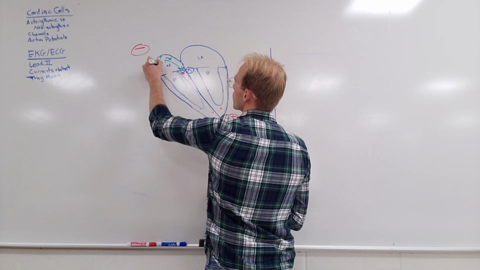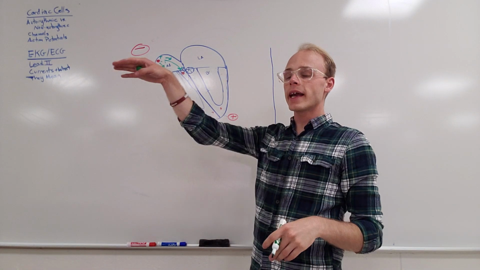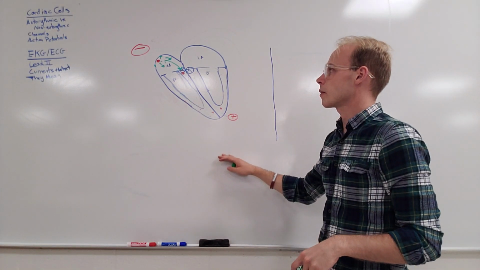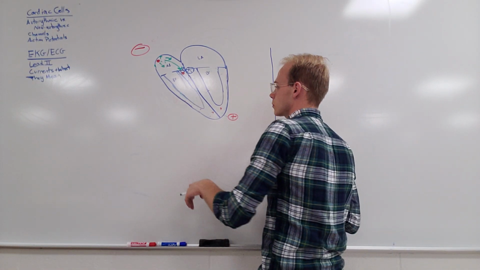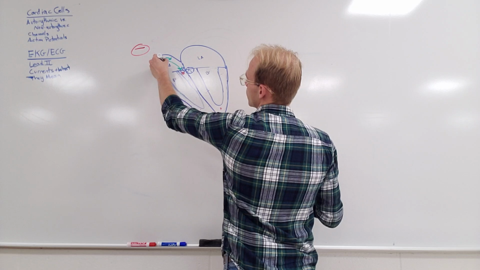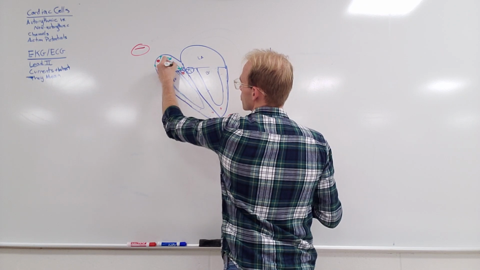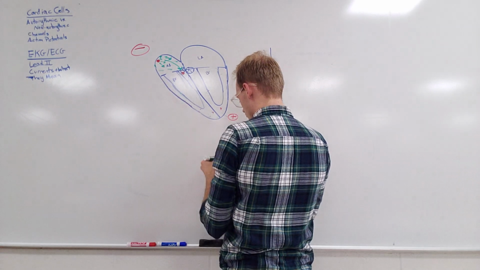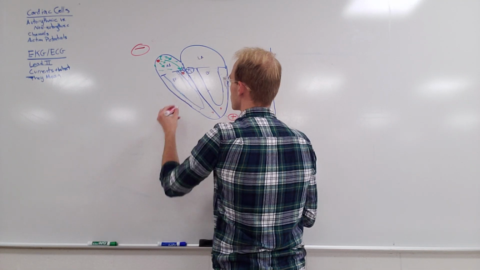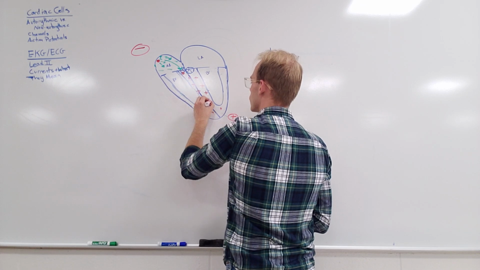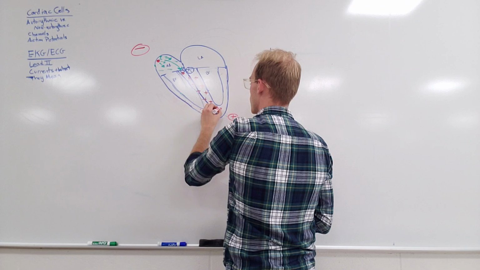Okay, so these arrows describe a negative tail towards something. So here we've got a bunch of negatives building up on the outside. We're just going to draw those in as negative charges. And those are having an interaction with all of the positive charges on the outside of all of the rest of the heart.